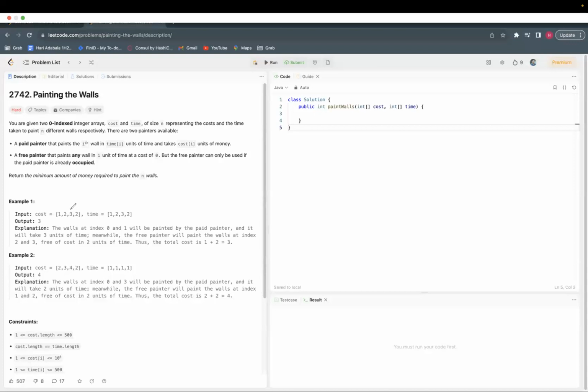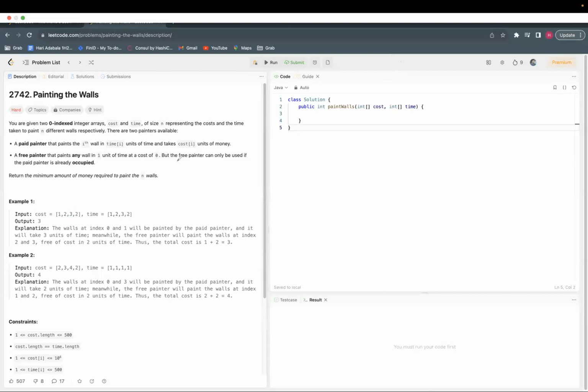If we are at, let's say, this value at 3, to choose which painter paints this, we need to depend on the earlier conditions, like which wall was painted, whether the free painter is free or not, or whether we can choose this painter or not. You might think some greedy solution with sorting the array or using heaps might help, but it would be complex that way.